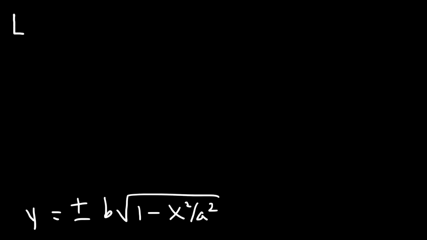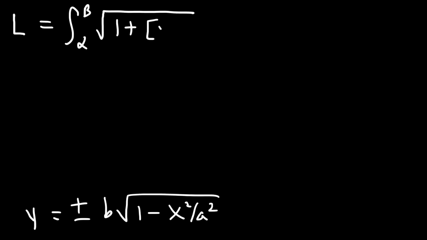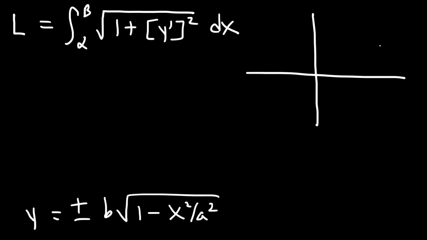In order to derive the formula of the circumference of an ellipse, we need to use the arc length formula. So it's going to be the integral from alpha to beta of the square root of 1 plus the derivative of y squared dx. Now let's talk about the graph of the ellipse.